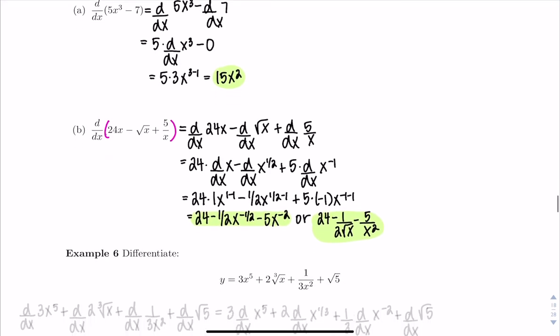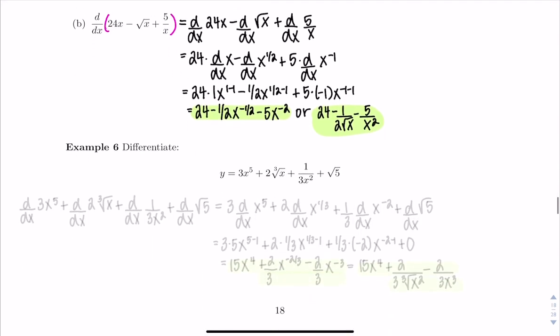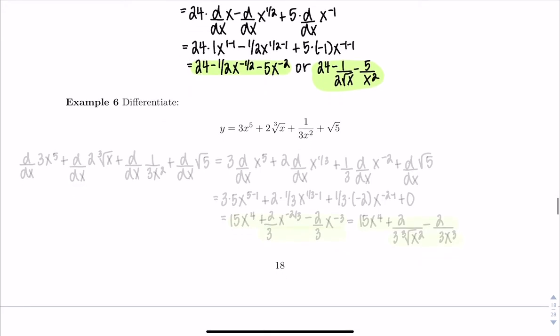And let's differentiate one more. So we have y equals 3x to the 5th plus 2 cube root of x plus 1 over 3x squared plus the square root of 5. So we're going to find the derivative of each piece.